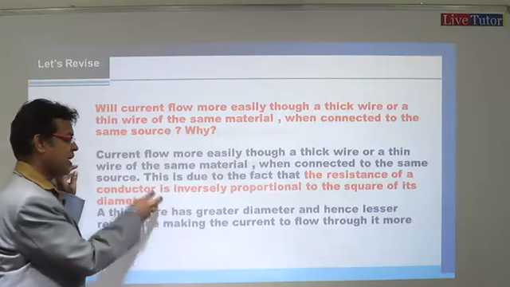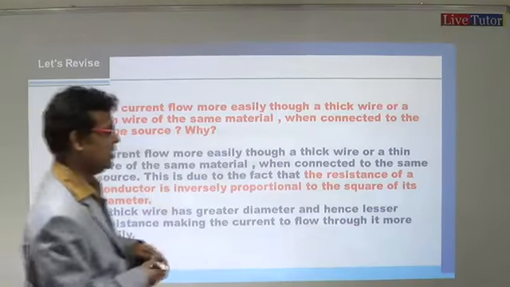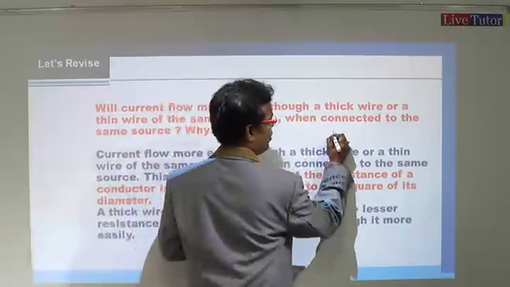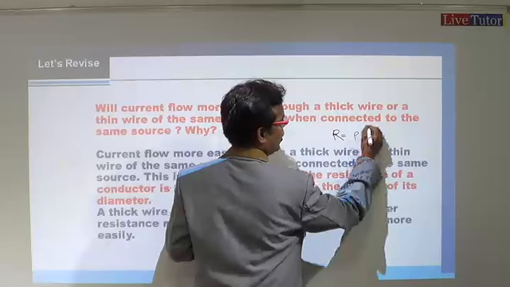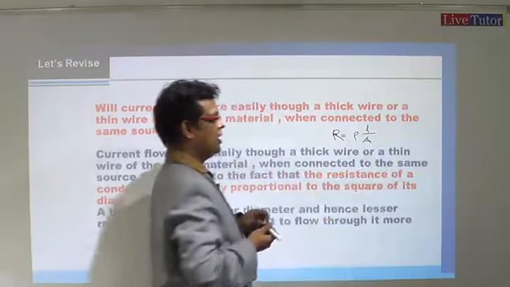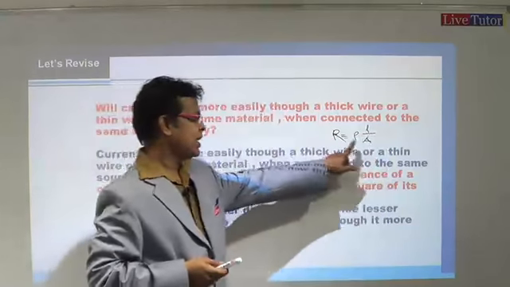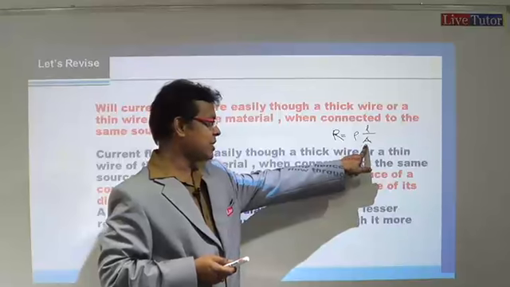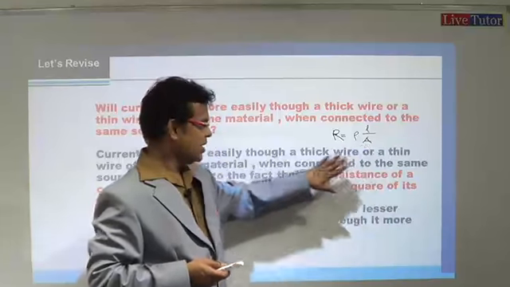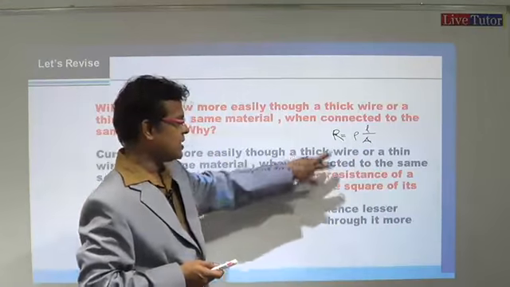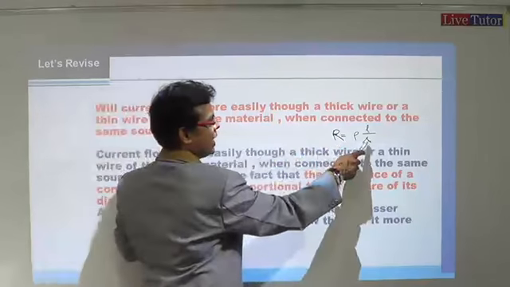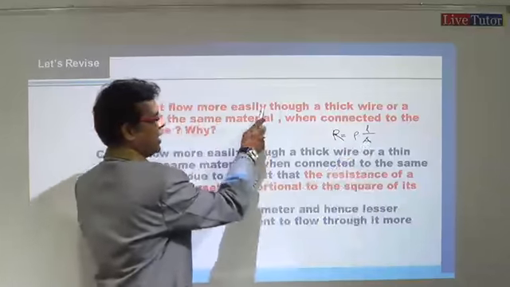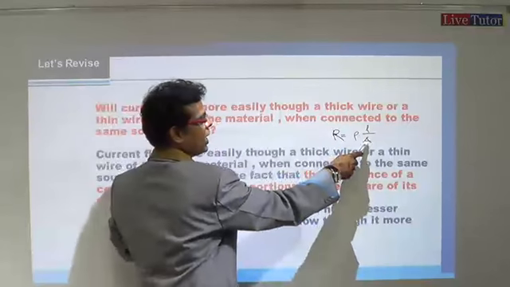Instead of saying like this, we can say using that formula. We know that R is equal to rho L by A. Right? The resistance of a conductor is inversely proportional to the area of cross section. Instead of saying it in a sentence, if you write the formula and say the resistance is inversely proportional to the area of cross section, a thicker wire has got a more area of cross section.